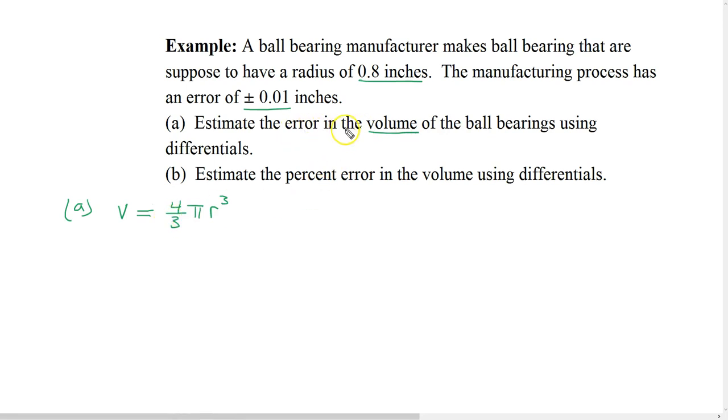Now we want to estimate the error in the volume of the ball bearing, so we want to estimate or approximate our error in the volume given that our radius r is 0.8, and our change in r is plus and minus 0.01.